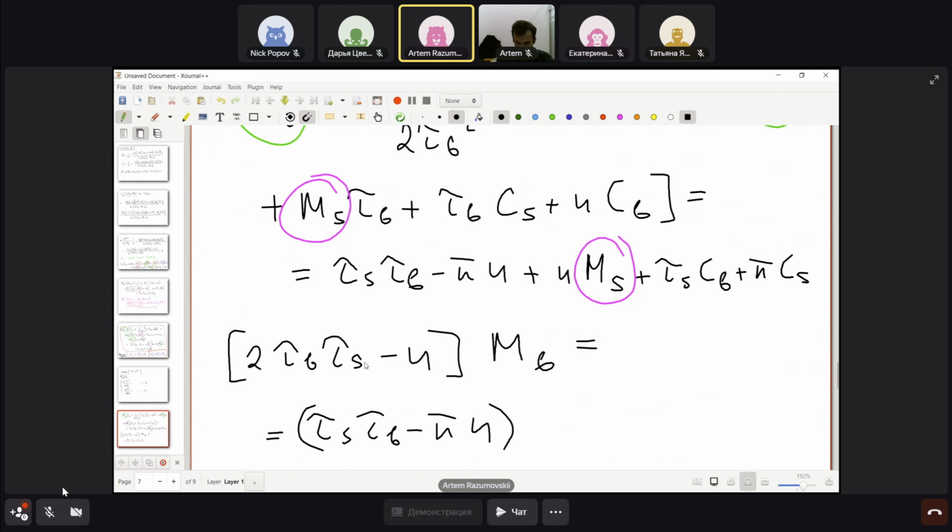So then I can multiply it by minus, not 1 actually. It will be opposite.